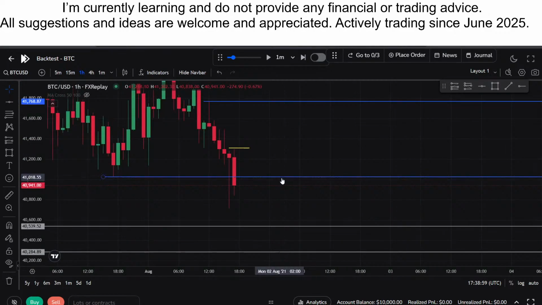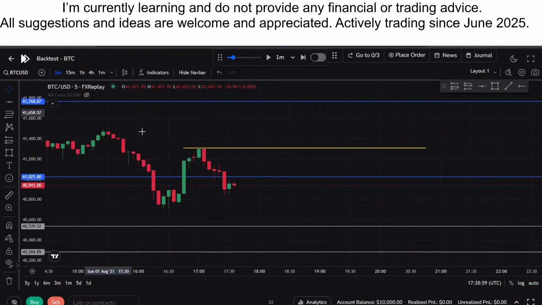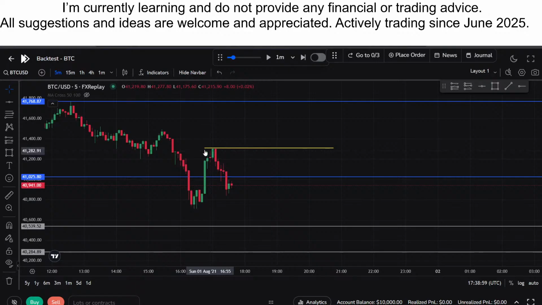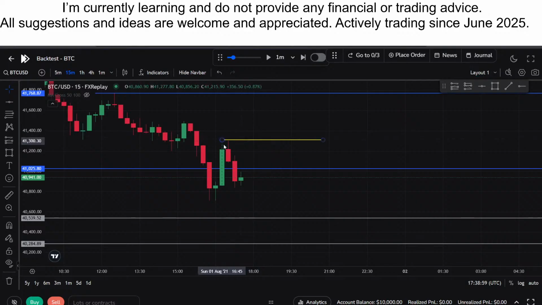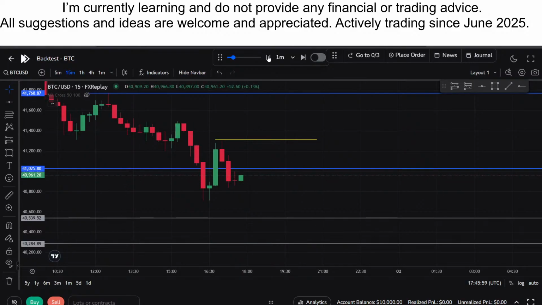Let's go and see in the 5 minute chart. Yes, there is a new high, and going to the 15 minute chart, this is the new, recent high. Let's go and play. It has not created a new low, so here is a new low.